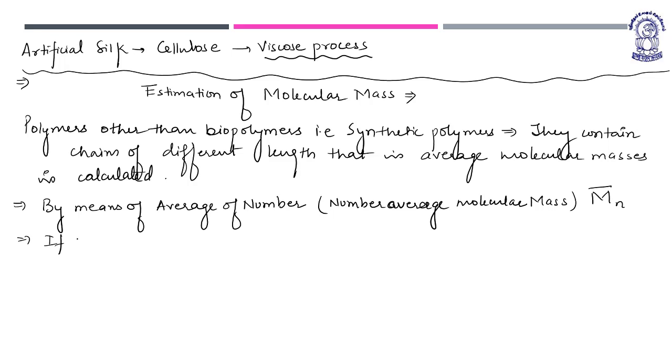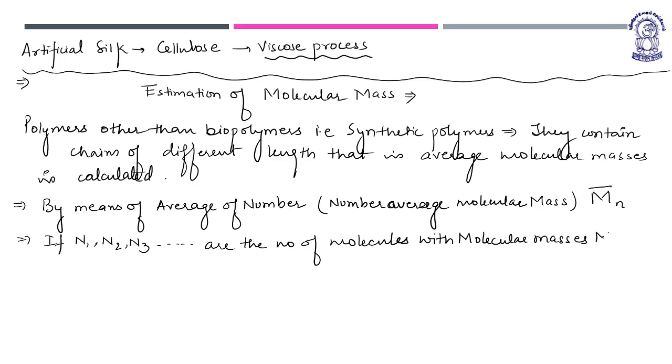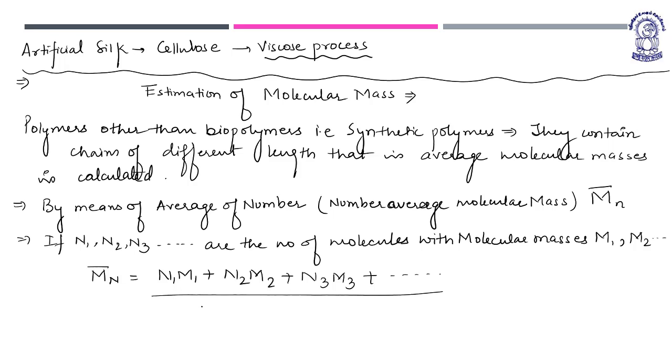Suppose n1, n2, n3 are the number of molecules with molecular masses m1, m2, m3, then the number average molecular mass can be written as n1 m1 plus n2 m2 plus n3 m3 upon n1 plus n2 n3.